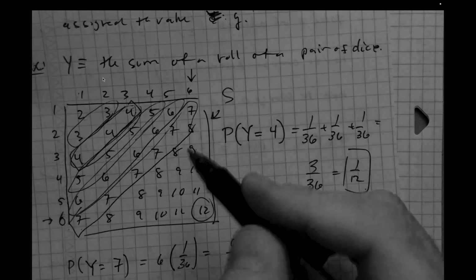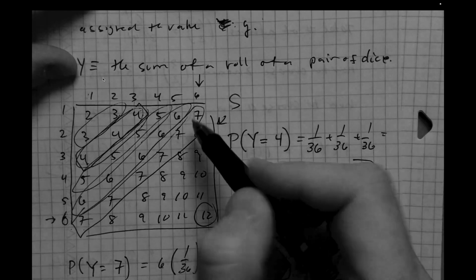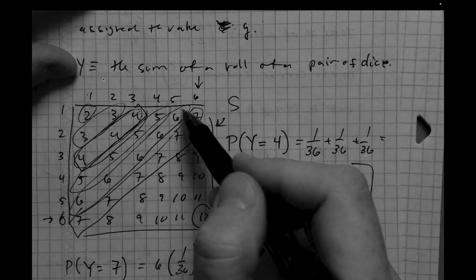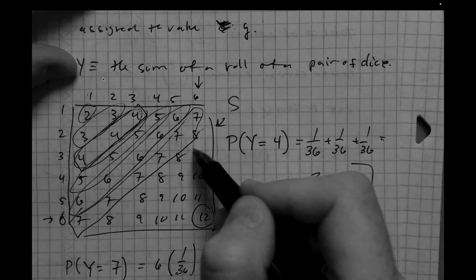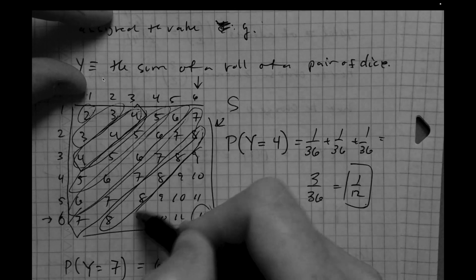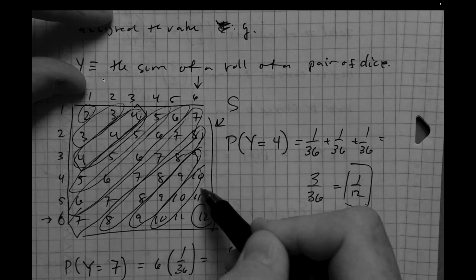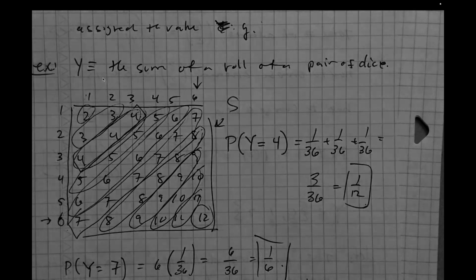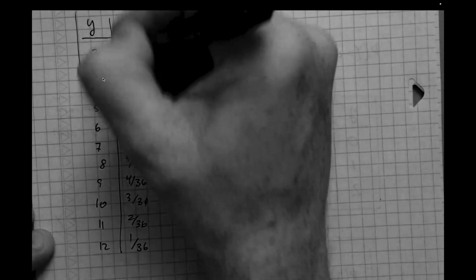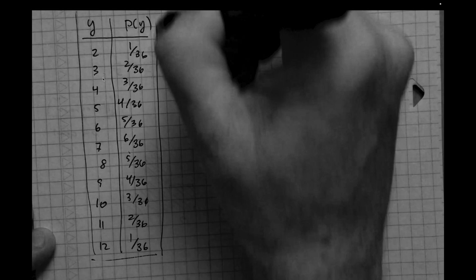You can see clearly in the sample space that there's one way to get a 2, 2 ways to get a 3, 3 ways to get a 4, 4 ways to get a 5, and so on. On the other side of 7, it starts coming back down. So we can see the structure of the sample space really nicely, and this would be the probability distribution for this particular random variable.